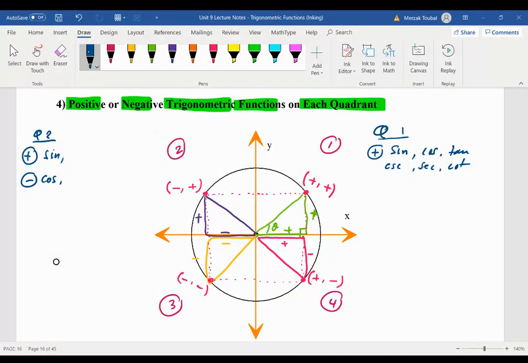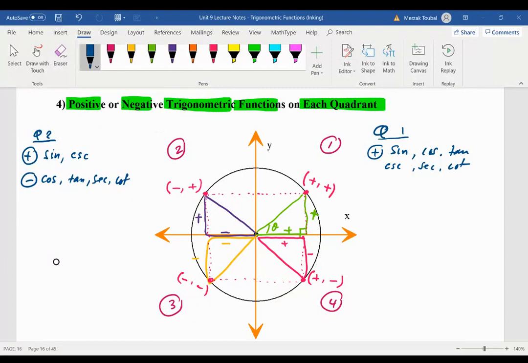Tangent is opposite over adjacent, plus over minus. Plus over minus is minus, so tangent is negative. Now that we know sine, cosine, and tangent, we can easily determine the cosecant, secant, and cotangent. The cosecant is the reciprocal of sine, so it must be positive because sine is positive. The secant is the reciprocal of cosine, so that must be negative. And the cotangent is the reciprocal of tangent, so it must be negative.